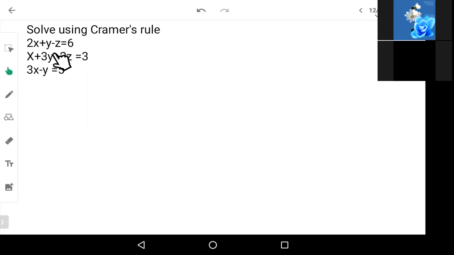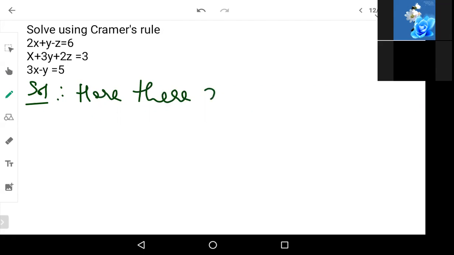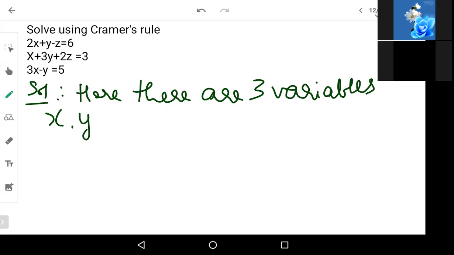Let us start. So first we have 3 variables. So let us define that. Here there are 3 variables x, y and z.